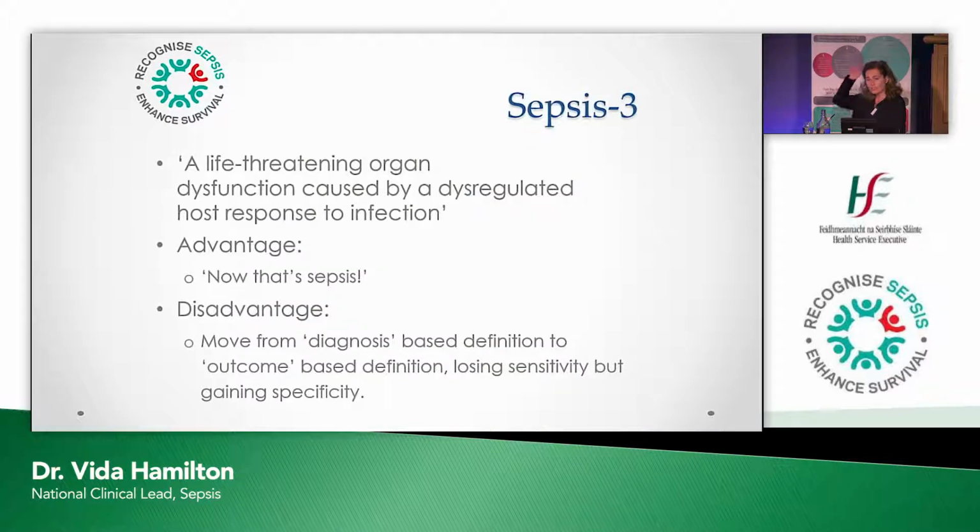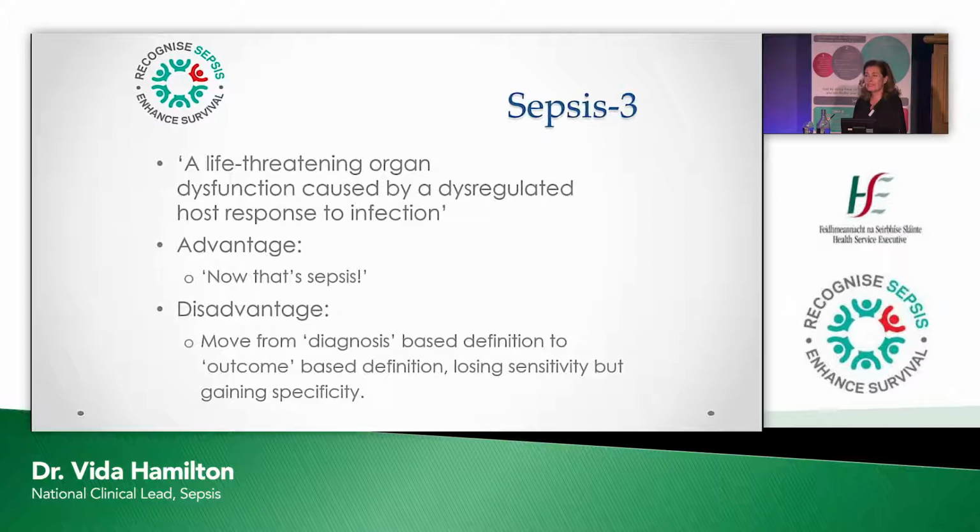The Sepsis 3 definition tells us that sepsis is a life-threatening organ dysfunction caused by a dysregulated host response to infection. The advantage is that there's very good clinical consensus with that definition; we're all very comfortable that this represents sepsis.